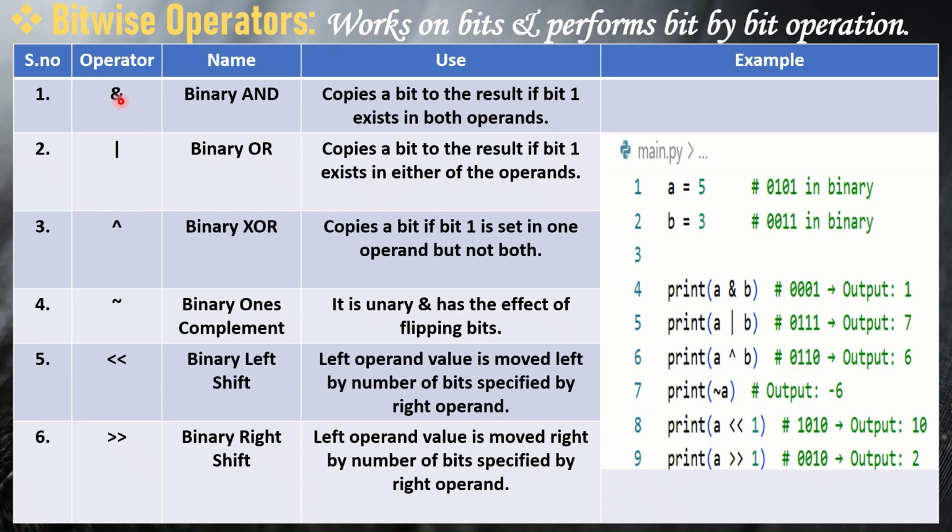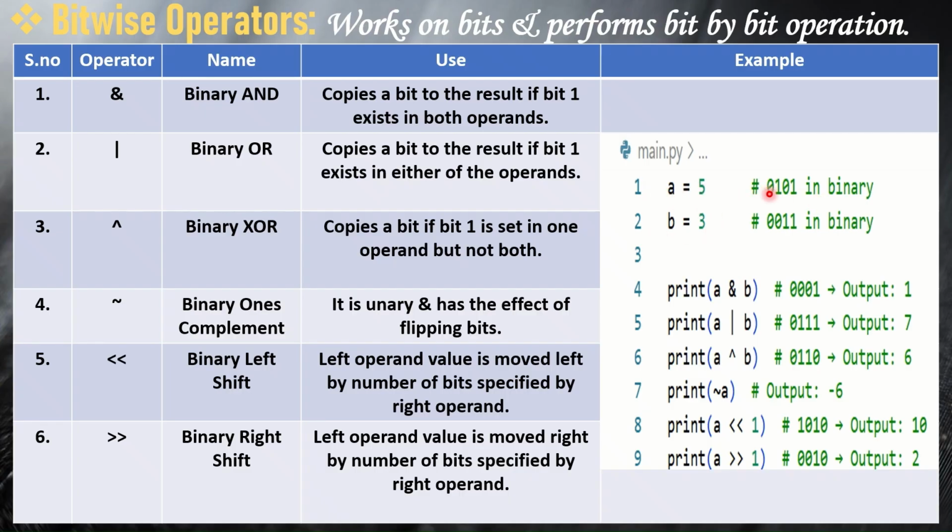So we have the & operator, which we can officially call the binary AND operator. This operator copies a bit to the result if the bit 1 exists in both operands. Here in this example, I have declared 2 variables, a is equal to 5 and b is equal to 3.